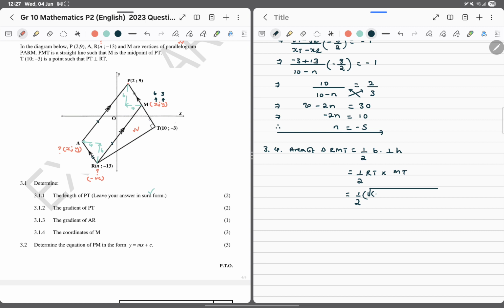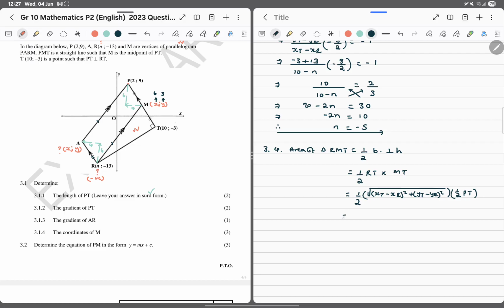There's nothing stopping us. So it's going to be the square root of (x at T minus x at R) all squared plus (y at T minus y at R) all squared, into half PT, because we were told M is the midpoint.